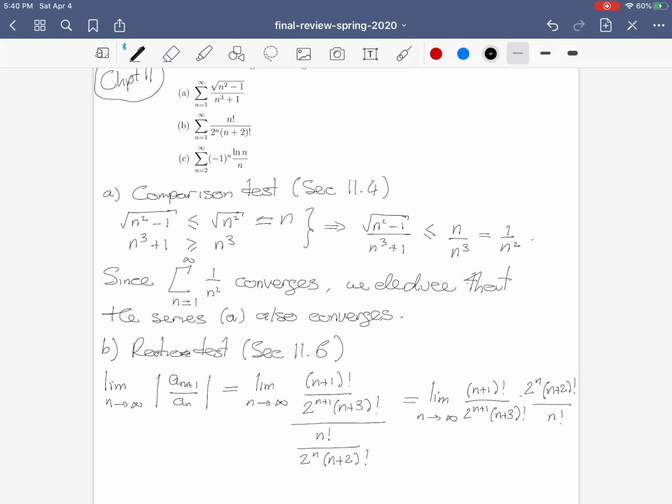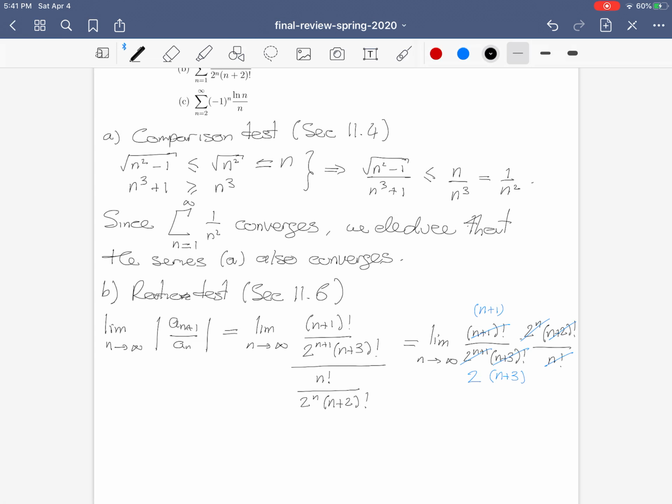Now we can simplify our terms. My n factorial is going to cancel with my (n plus 1) factorial and give me a factor of n plus 1 here. My (n plus 2) factorial is going to cancel with my (n plus 3) factorial and give me a factor of n plus 3 here. My 2 to the n is going to cancel with my 2 to the n plus 1 and give me a factor of 2.